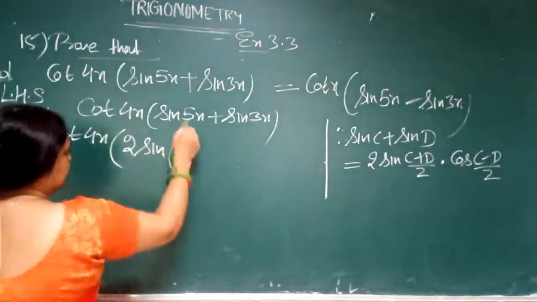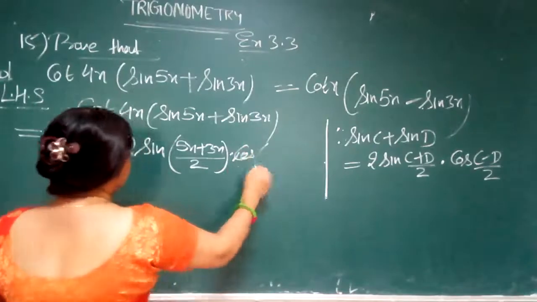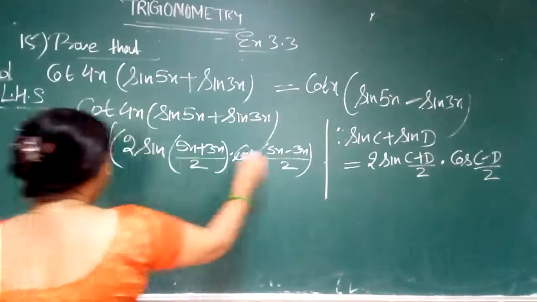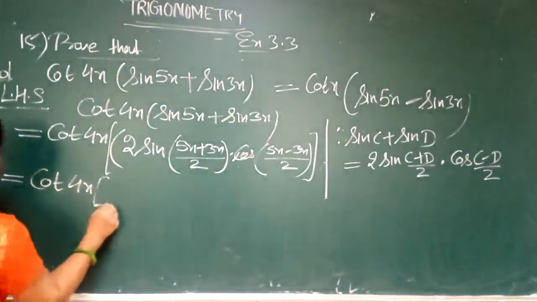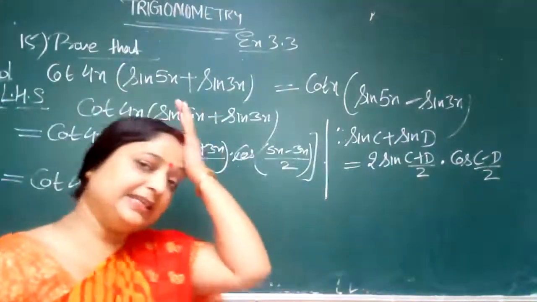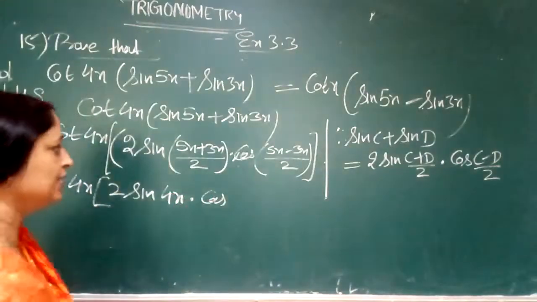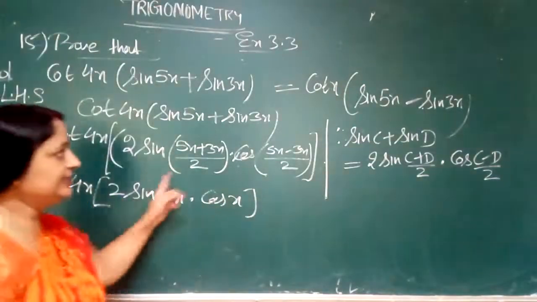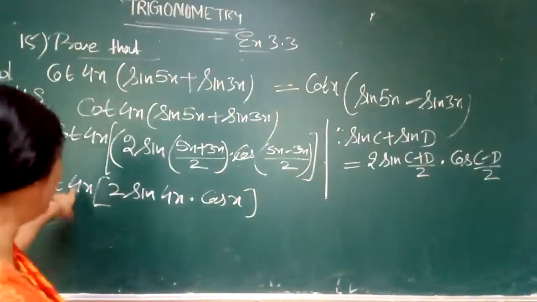It will come 2 sin C. Here in left hand side it is cot 4x. So we will change this term.